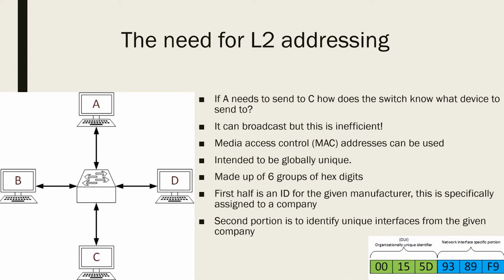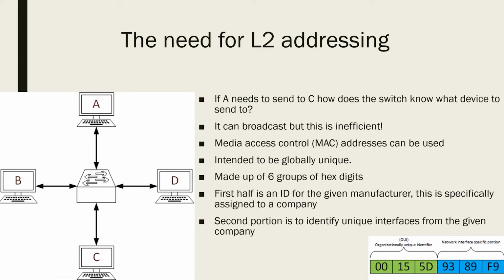So within my Layer 2 domain, because we're only working at the Layer 2 level of the OSI model, I need to know how to address to get to C. That means the switch needs to know where C is. It needs to know what interface it's out of and how to actually get there.